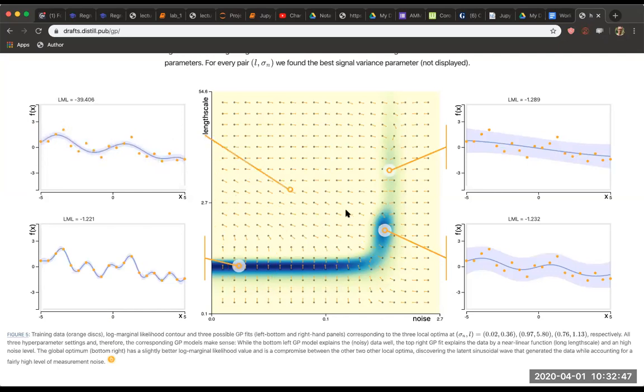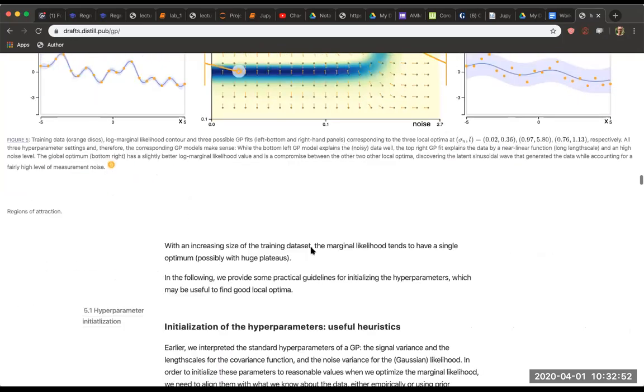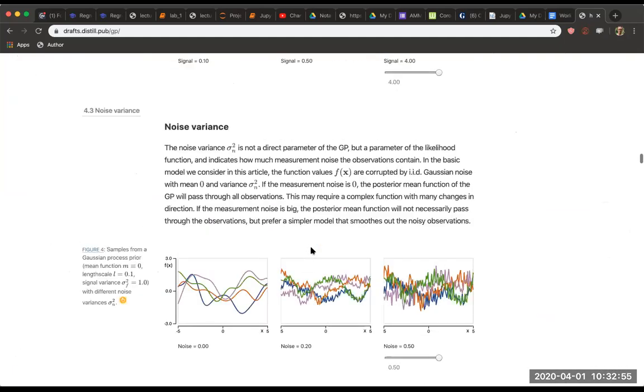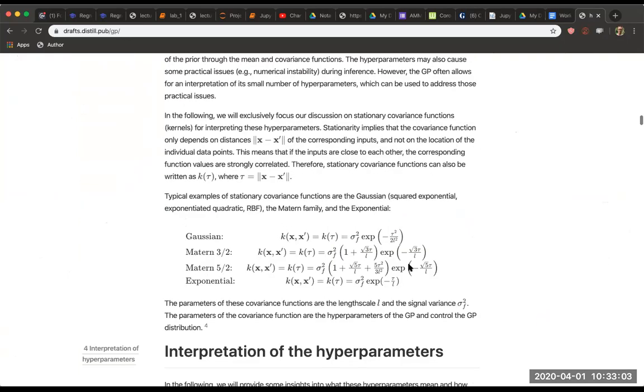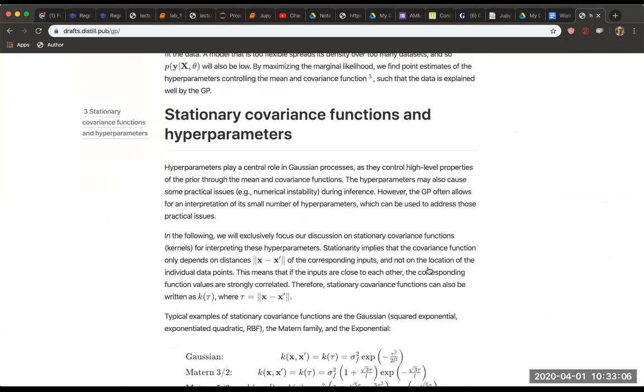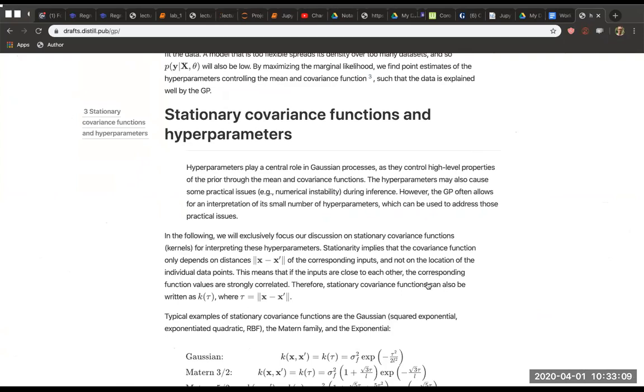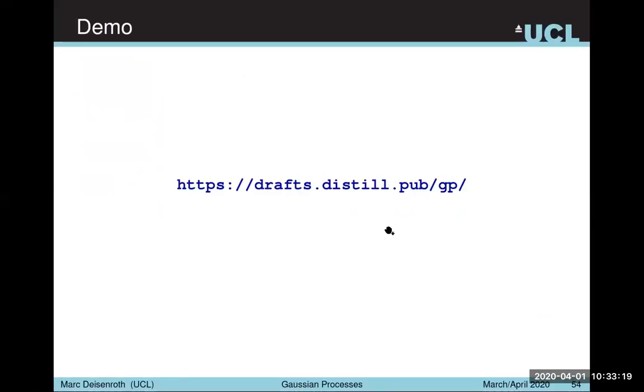We hope it's useful. And there's actually a lot of other stuff that you can play around with, like modifying length scales and what that means. So that is where this plot comes from. The website is here again, so if you want to have a look at this, then it will be all fine.